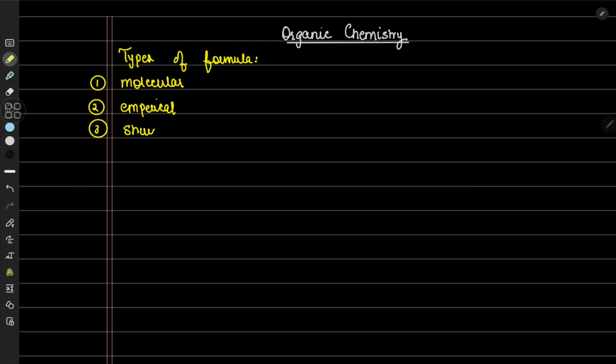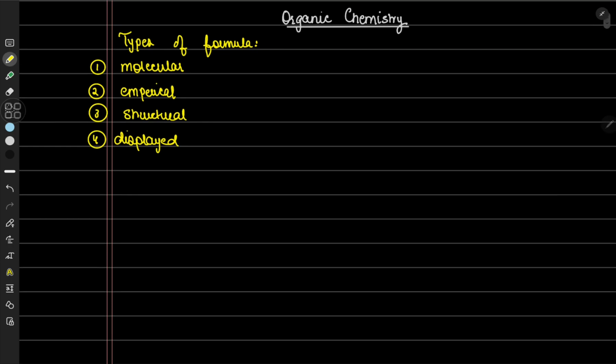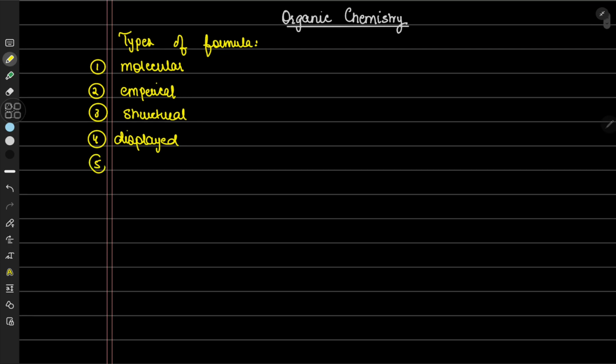The third one is structural formula. The fourth one is displayed formula. And the fifth one, the one that you would not have encountered as of yet, would be the skeletal formula.